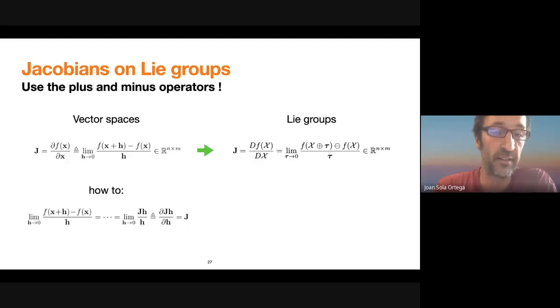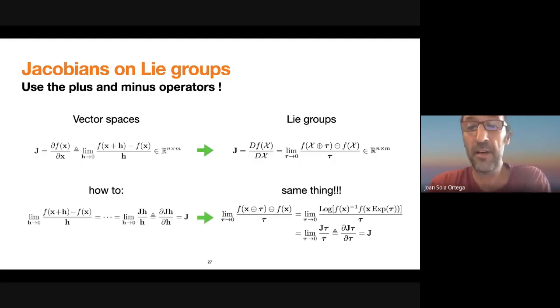This is undefined. h is a vector. You cannot divide things by vectors. But this way of proceeding is rigorous, and it's practical enough to work. So you just manipulate the numerator until you get a linear form, and then you just eliminate h and get the Jacobian. You do the same thing in the groups, okay?